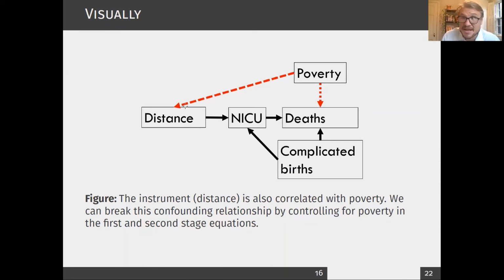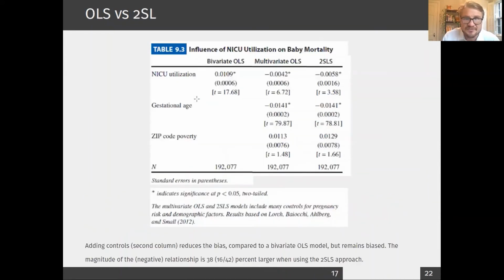But there might be another source of endogeneity for this variable because it might be correlated with poverty, which in itself is correlated with the number of deaths. But if we control for poverty in the first stage, we're effectively switching off this source of endogeneity. And this is exactly what they do.